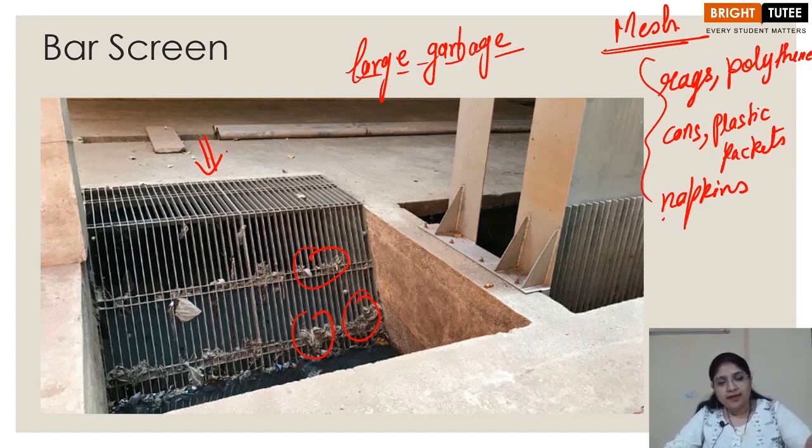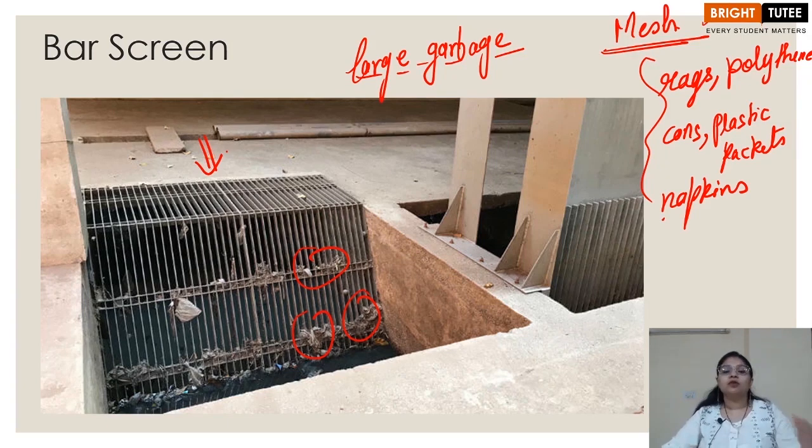Then the next step comes, right? So it is a very, very important step, students. Remember, all of these things are such which cannot get decomposed, right? So they need to be removed. This is a very important step again, because it saves any human effort that would otherwise be put into this first step, right?